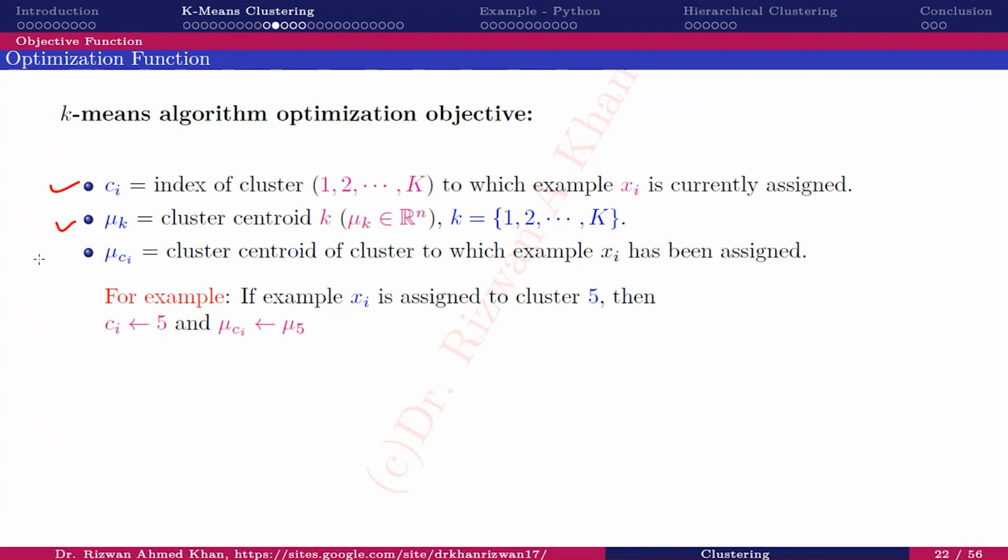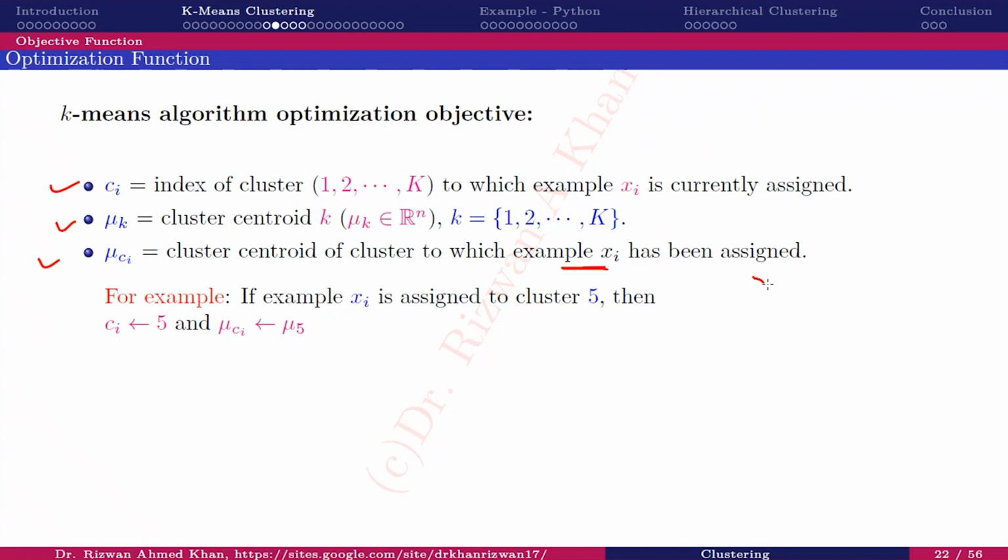Another variable I'm adding is mu of Ci. This is a composite variable, a mix of these two variables. And mu of Ci is the cluster centroid of the cluster to which example xi has been assigned.